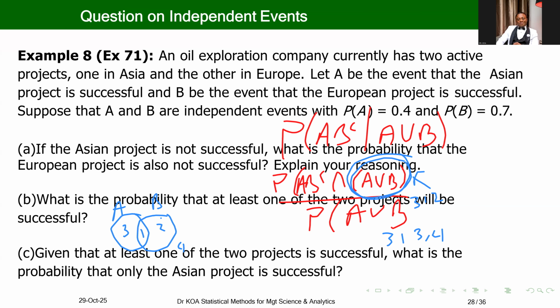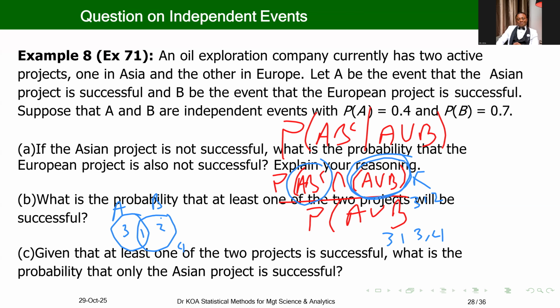A union B complement means the elements in the universal set which are not in A union B. I'm talking about A B complement, this one here. That would be 3 and 4. What about 1?